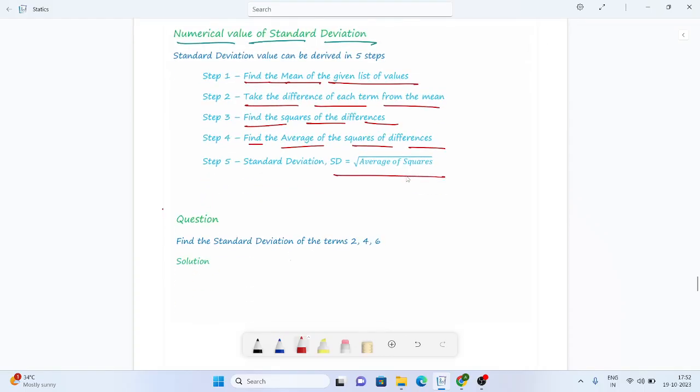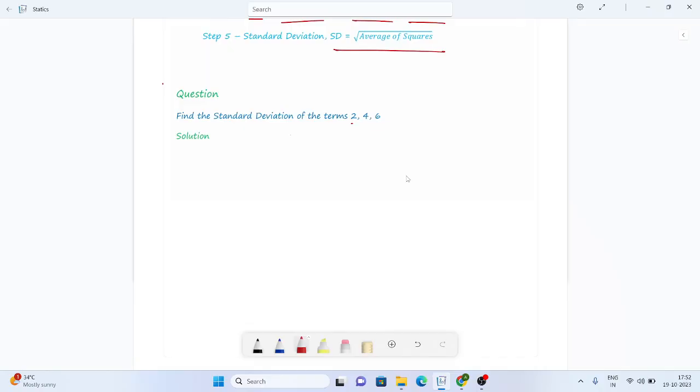Okay, done. So the solution: if you want to find the numerical value of this standard deviation, the mean, this is an AP, so the mean is 4, straightforward. Then the second step is the deviation. If you find the deviation from the mean, 2 minus 4, 4 minus 4 and 6 minus 4, the deviations are minus 2, 0, 2.